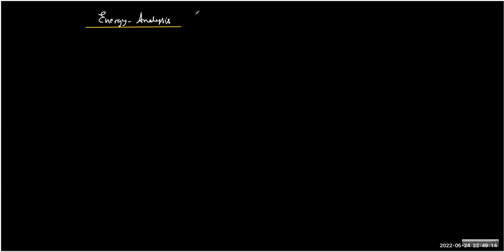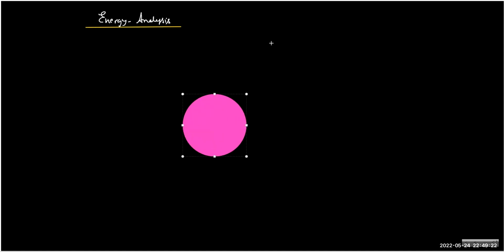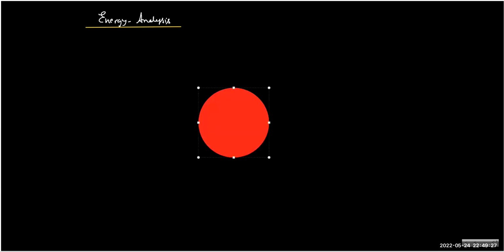When it comes to energy analysis, you can take any satellite. No planet is pink, so I will not draw a pink planet. Red is called Mars.